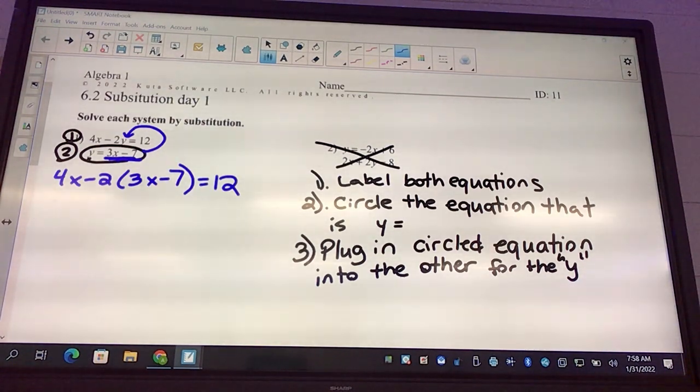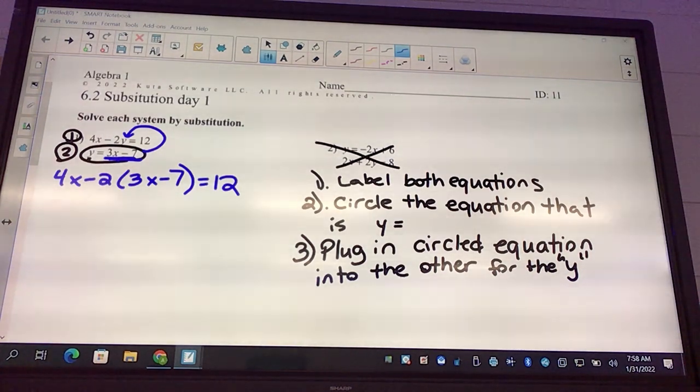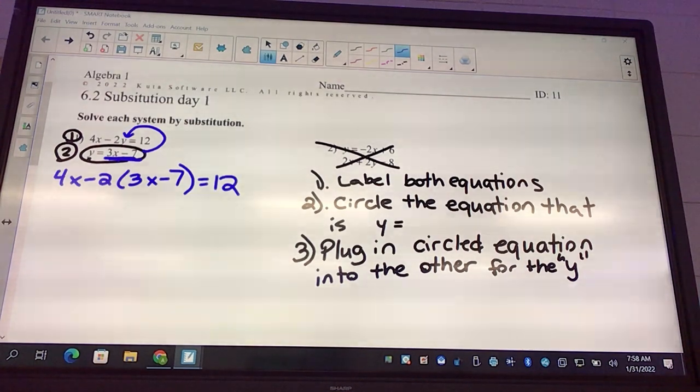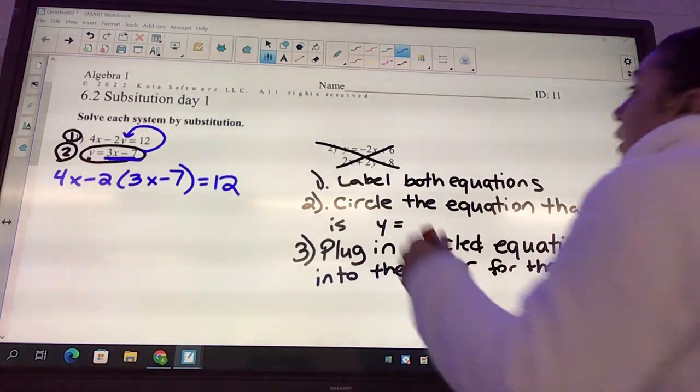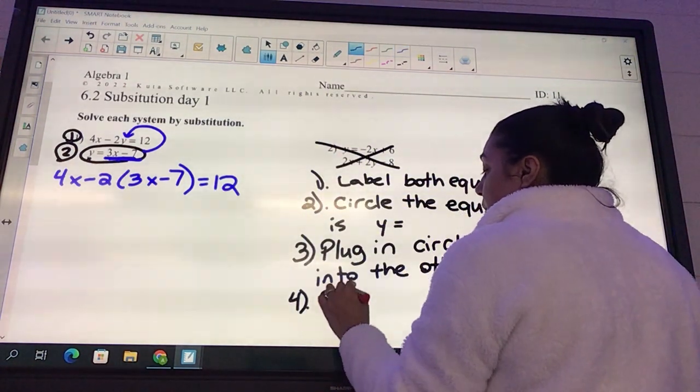Take a second and look at that. Make sure you understand how to plug that in. Everything looks exactly the same. 4x minus, that would say y, but now we're saying y is 3x minus 7. Your next step is going to be to distribute.